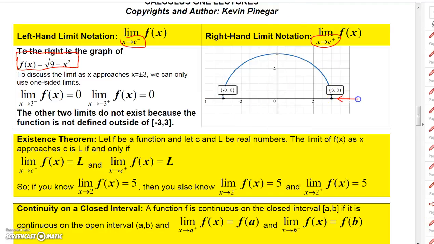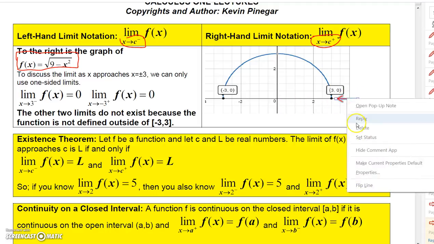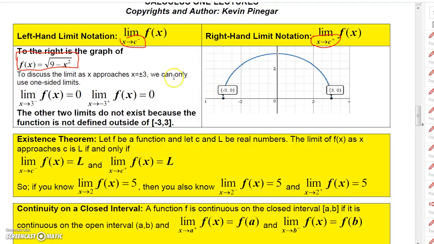and you cannot approach +3 from the right. So to talk about continuity at these endpoints -3 and 3, we actually have to just focus on what we can approach. So what we can do is look at -3 from the right-hand side and look at approaching +3 from the left-hand side.